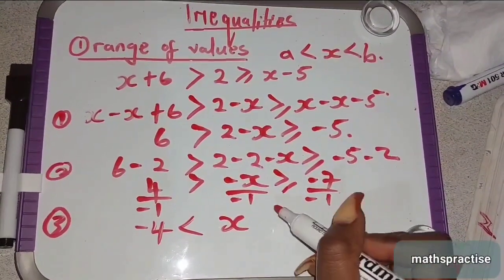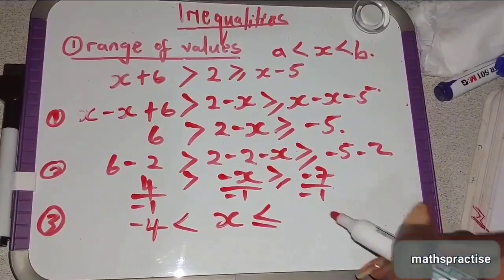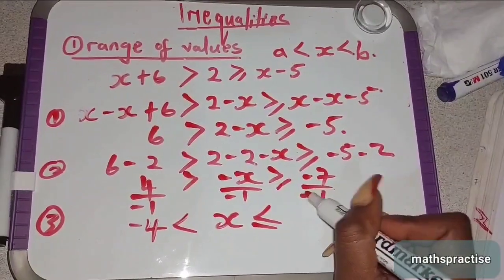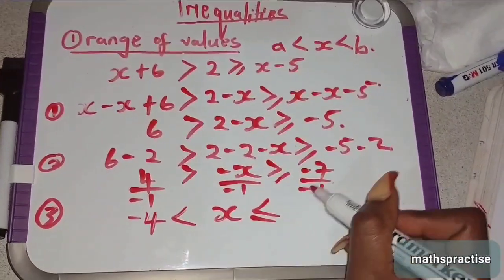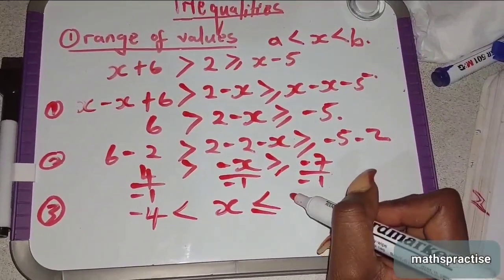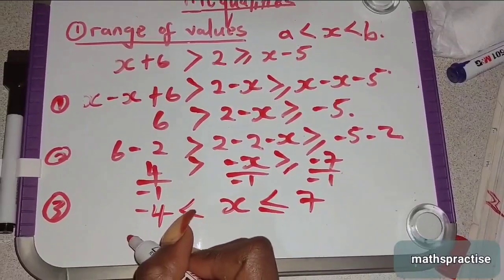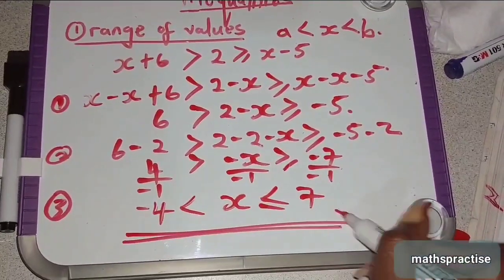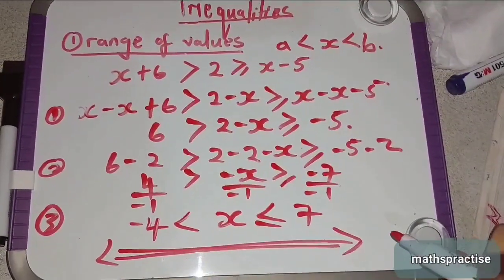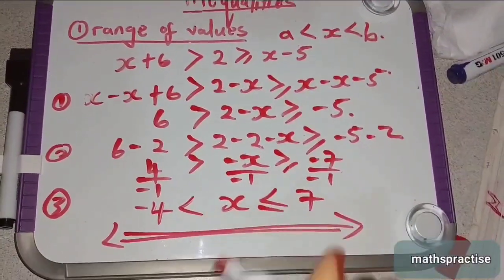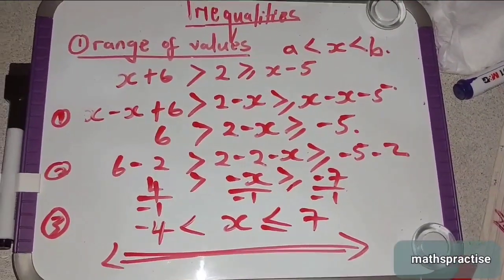Then the sign changes again, it becomes less than or equal to minus 7 divided by minus 1. The negative cancels the negative, and we remain with 7. Okay, so that's our answer. The range of values that we end up having is minus 4 is less than x, is less than or equal to 7.